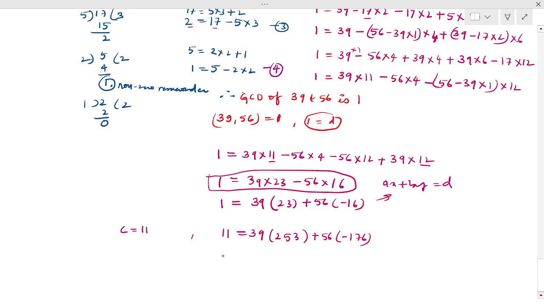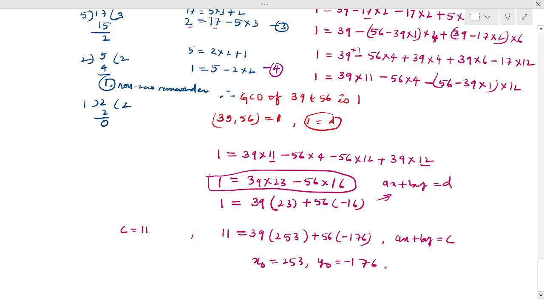Now this is in the form of ax plus by is equal to C. Then x0 value is 253 and y0 value is minus 176.